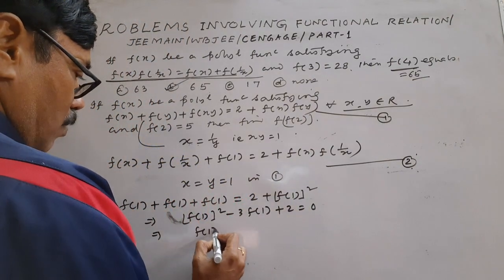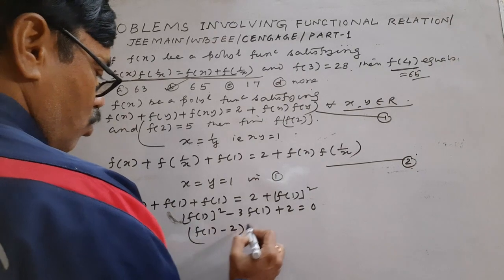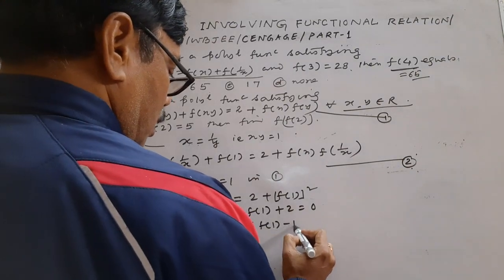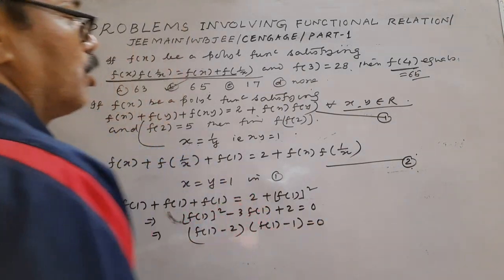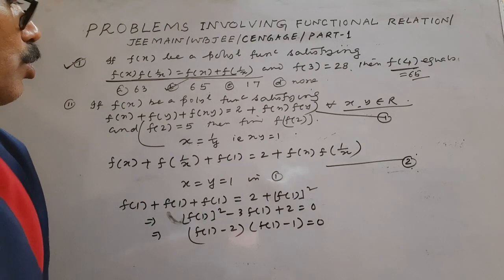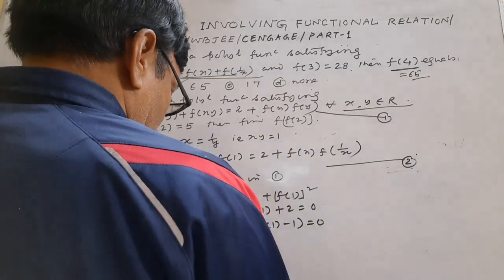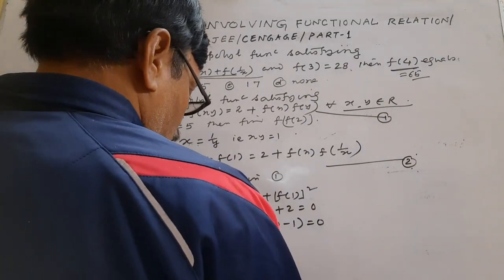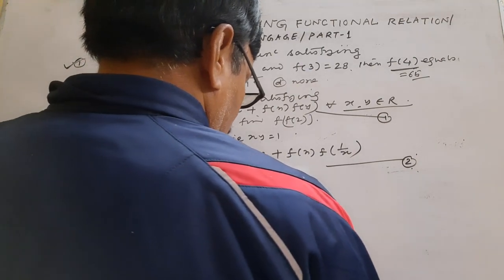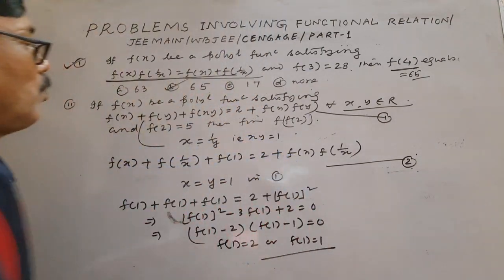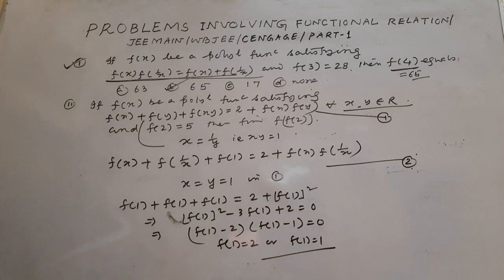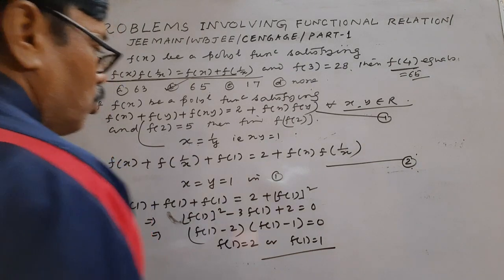So (f(1) - 2)(f(1) - 1) = 0. So we are getting f(1) = 2 or f(1) = 1.